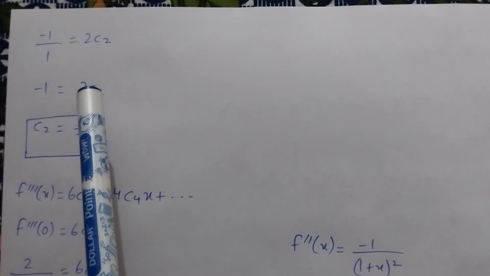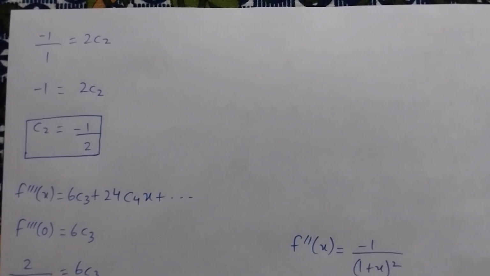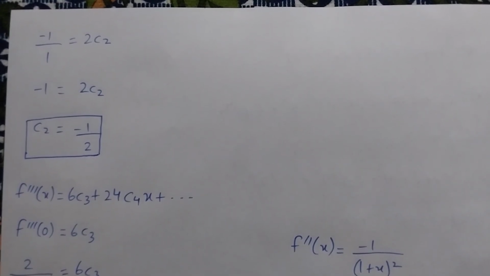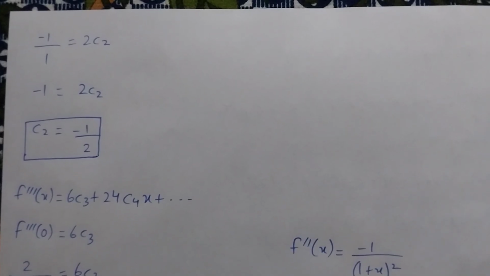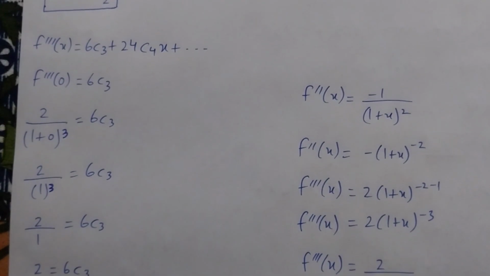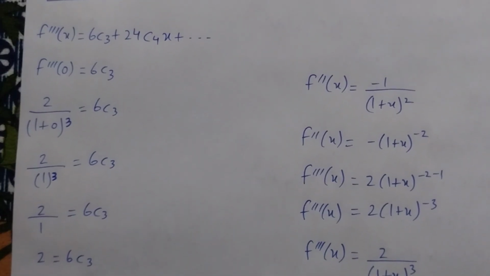For c2 we need to shift this 2 to the other side, and when it gets shifted it will be divided, so c2 will be equal to minus 1 over 2. I'm going to evaluate one more constant, and then we will be able to write our series.